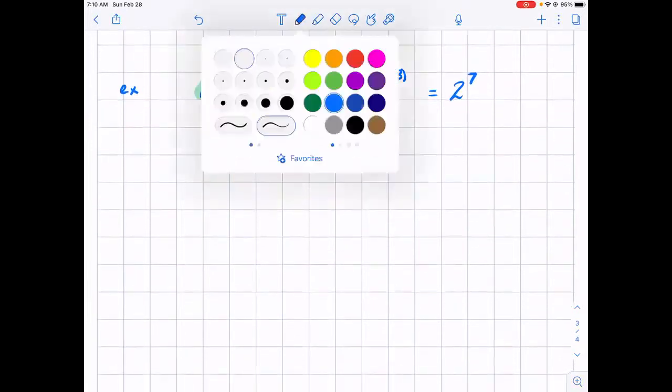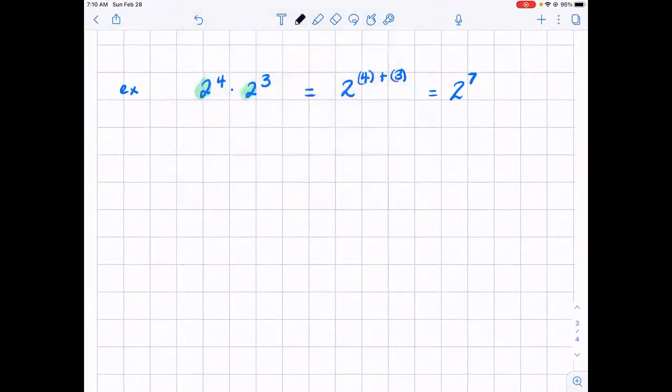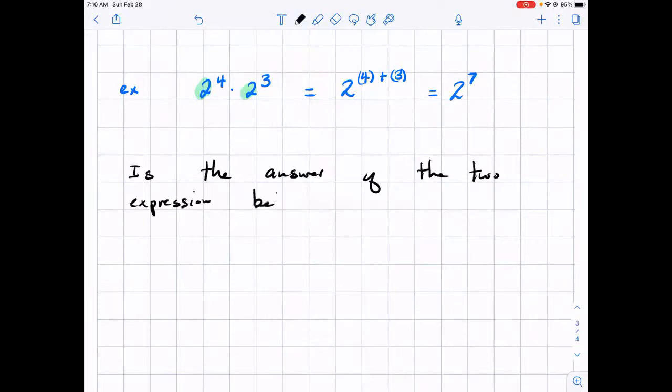So let me ask you a question. Is the answer of the two expressions below the same?